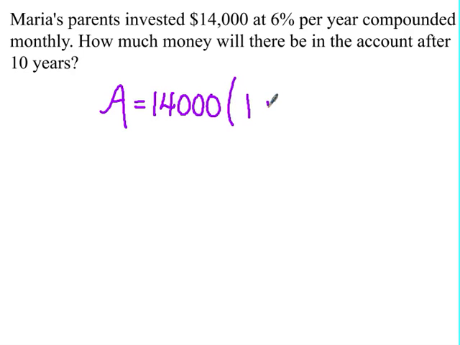Now, this next one says 1 plus R over N. What is the rate? 6%, which is 0.06, divided by the number of times compounded per year. How many times is this compounded a year?